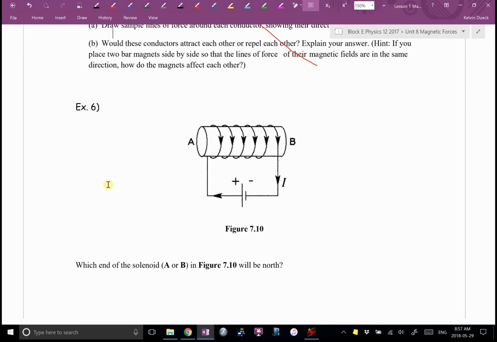Let's see. If A is north, that means I curl my fingers this way. Look at the arrows. Which way is the current coming? I think the current is coming towards me over the top. Is it not? Yeah, north is B. Look at your fingers. It's B.